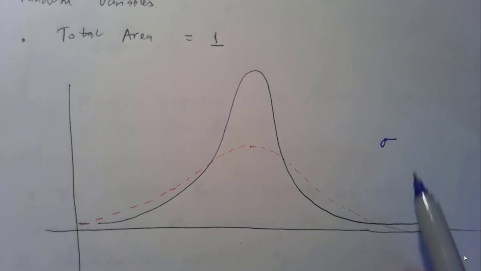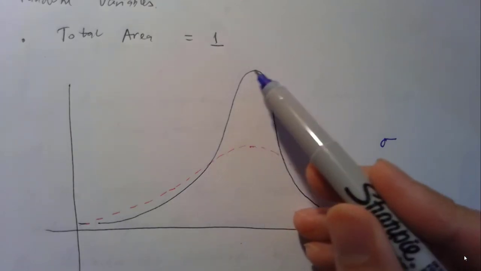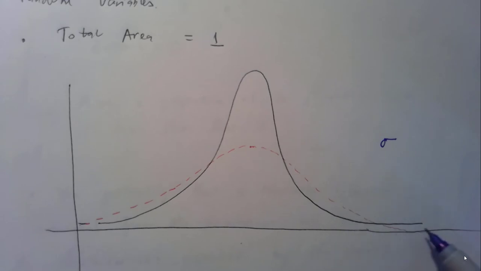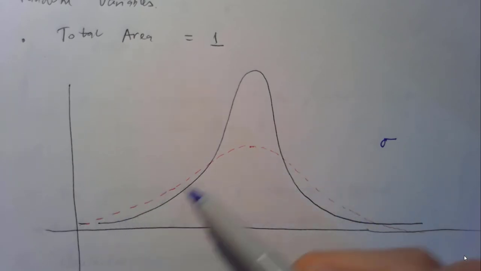If your standard deviation sigma is small, then your data stays together, and you should have a taller and narrower curve like the black one right here. So the red one has a higher standard deviation, and the black one has a smaller standard deviation sigma.